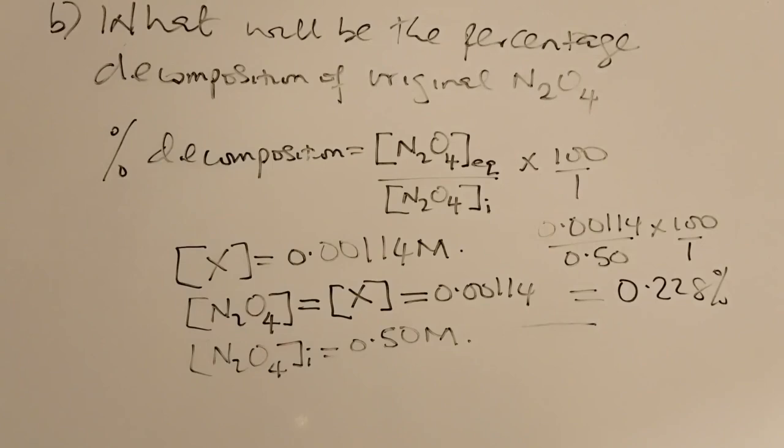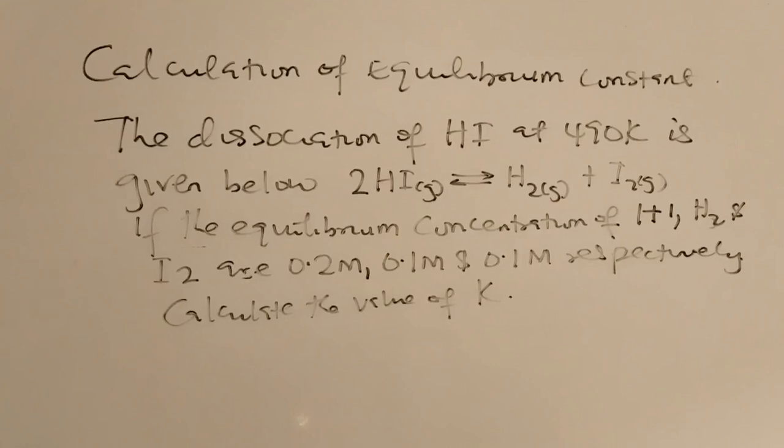Having done that, let's look at the calculation of the equilibrium constant, because all this while we have been calculating concentration using a given equilibrium constant. So let's see how we can calculate the equilibrium constant from experimental data. Look at the question on the board.